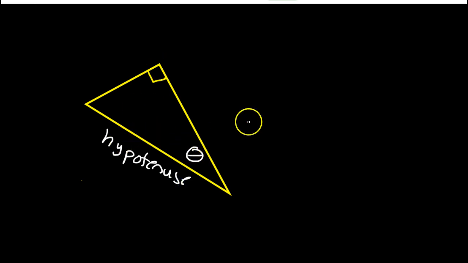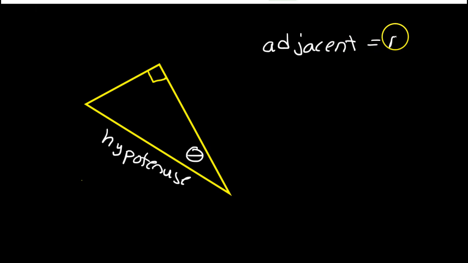Now, the word adjacent means next to. Okay, it means right next to. So between these two remaining sides, the side that is right next to the angle is right here. So this would be the adjacent side.